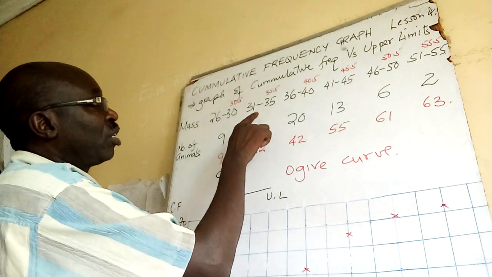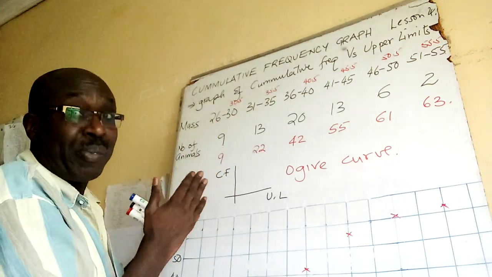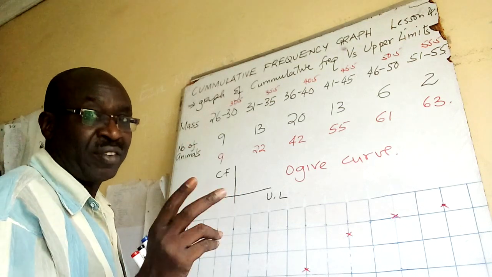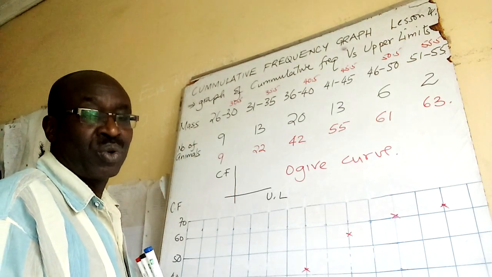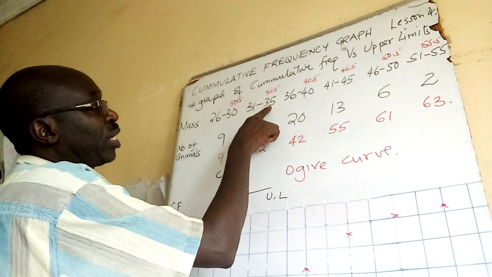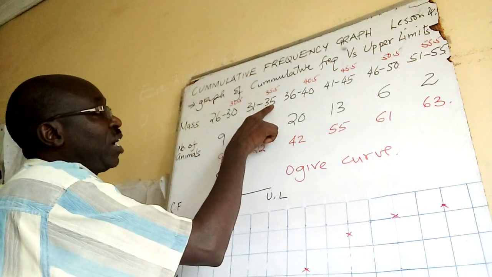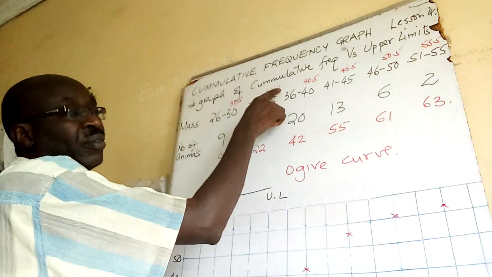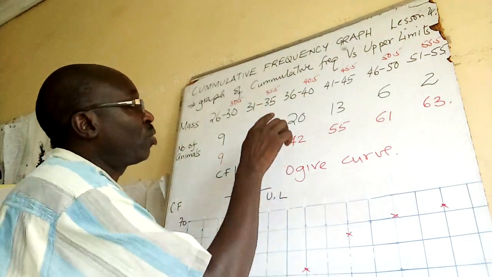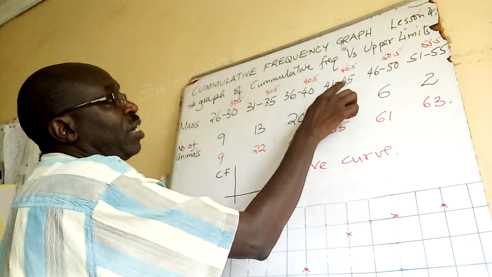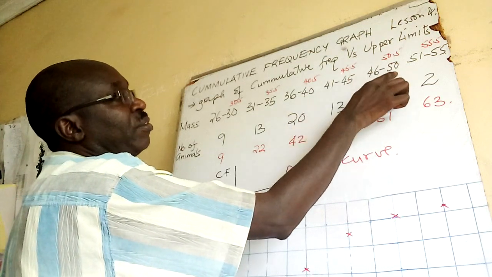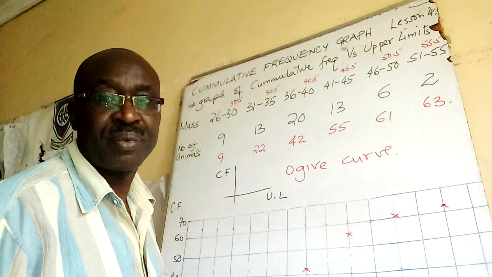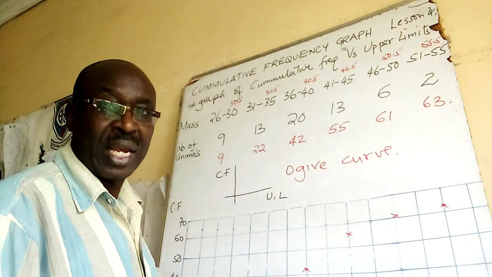In short, you take the upper figure plus the next lower figure divided by 2. In this class, it is 35 plus 36 divided by 2, which gives 35.5. Having known that, you can just write 40.5, 45.5, 50.5, and 55.5. Those are the upper limits.